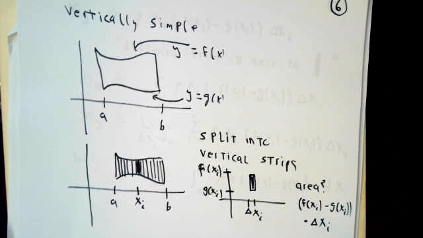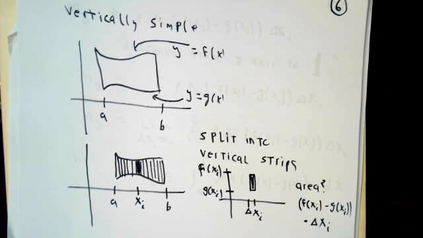The area of such a thing is the horizontal width delta x_i, as we've done before, times the vertical height, which is the difference between f of x_i and g of x_i. This makes us think all the way back to area between curves, which is why we started looking at that.